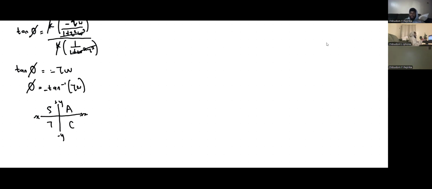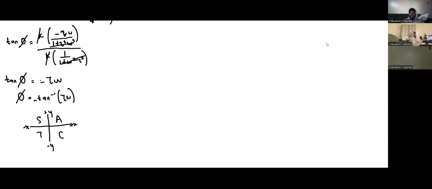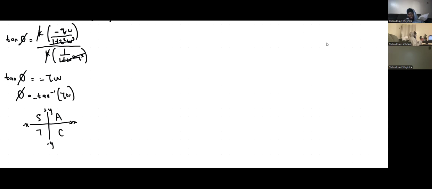So now we know that, with the range that it's in, initially the range is going to be 0 to 90, but with the negative here, it's going to be within that negative 90 to 0 range. It's only because of these quadrants. That's how it works.